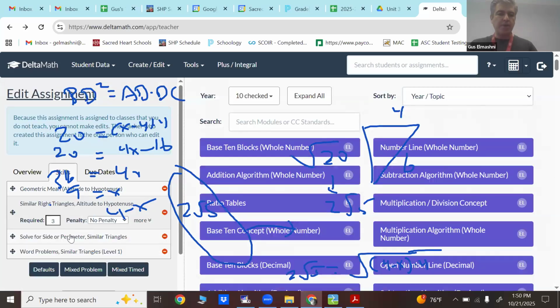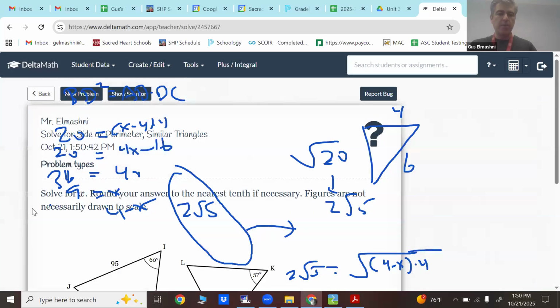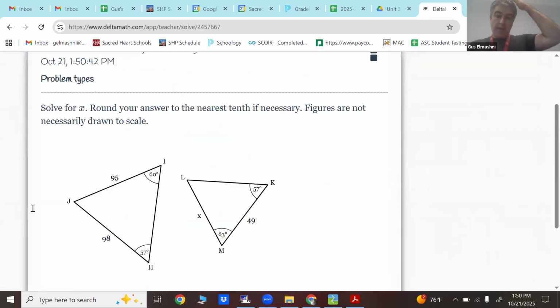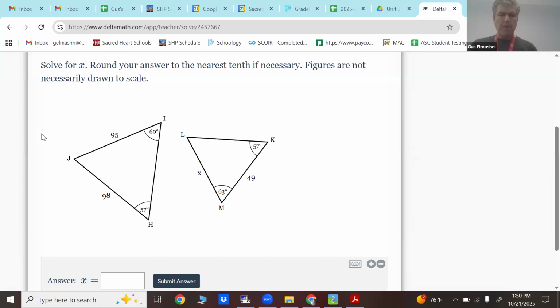All right, let's look at the next one here. We'll get to the word problem in a moment. Here you're supposed to round your answer to the nearest tenth if necessary, solve for x. That's just looking at ratios. So if you compare the sides correctly, clearly H goes with K, and that's 63. So J goes with M. So if I said triangle JIH is similar to triangle, if I go small, medium, big, MLK, right?